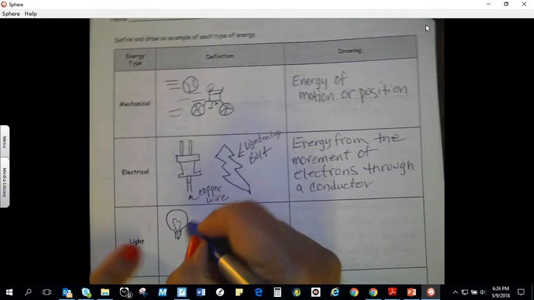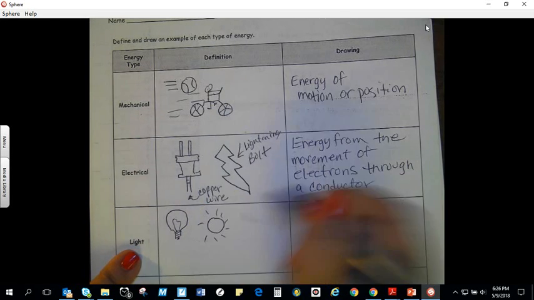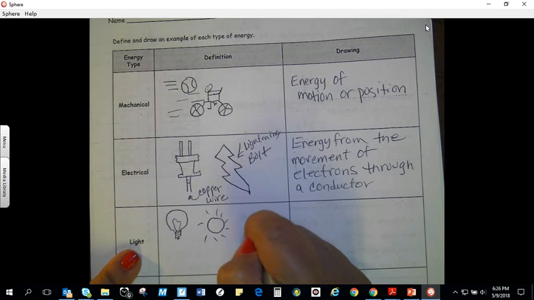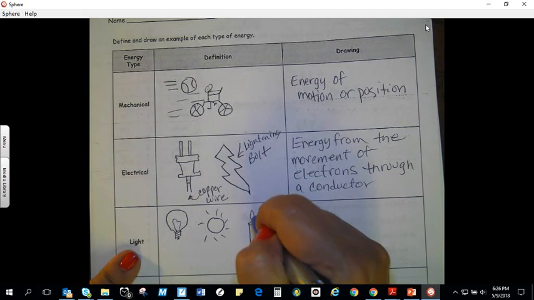So we have a light bulb. We also have the sun. And we also have candles. And remember the candle that we did with our plant during the carbon cycle. Okay?